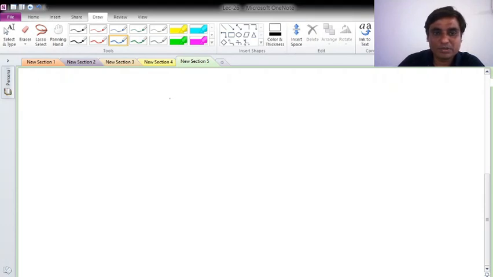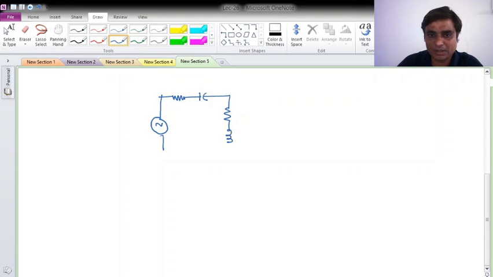Suppose this is my circuit, which consists of a voltage source, then to this voltage source a resistor and a capacitor are connected, there is a resistor and then an inductor, and again in this branch a resistor and an inductor.